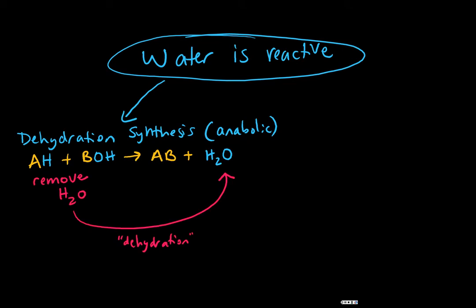So that removal of two hydrogens and an oxygen is a removal of water, that's dehydration, and you made something new, so that's synthesis. So when we have broken down our food and we have our nutrients, the raw building blocks for our molecules, we're going to very often see water involved in the forming of the new molecules that our cells actually need.